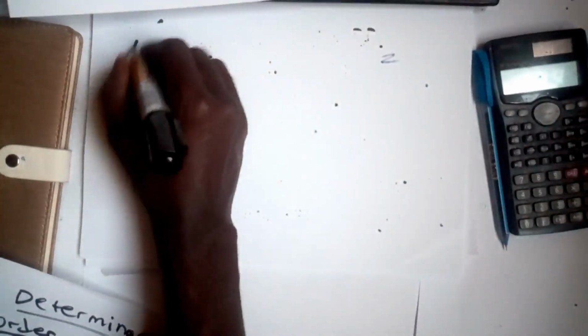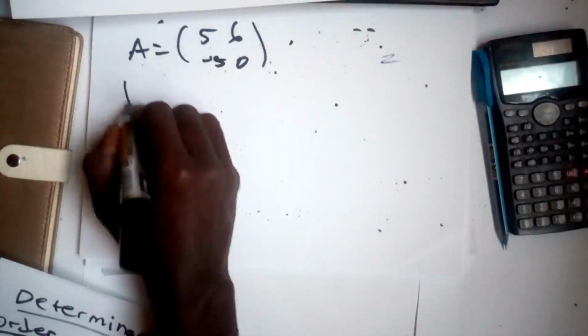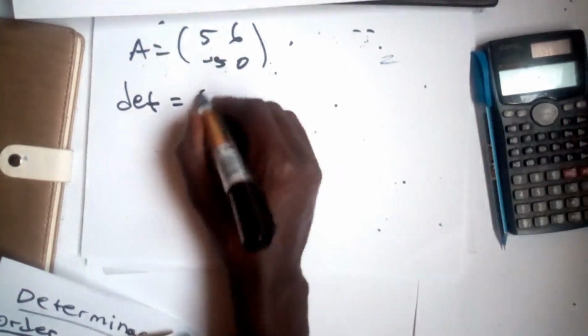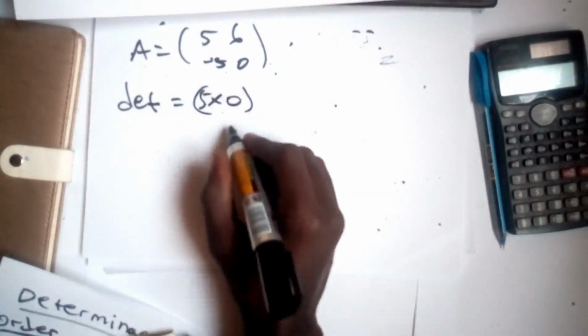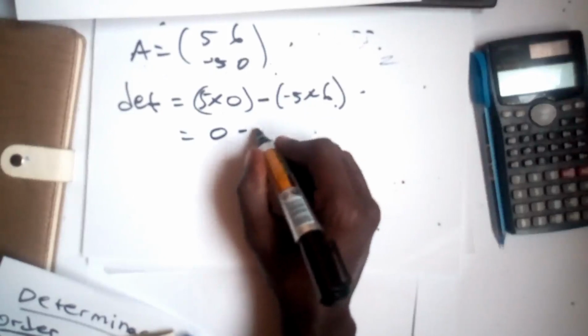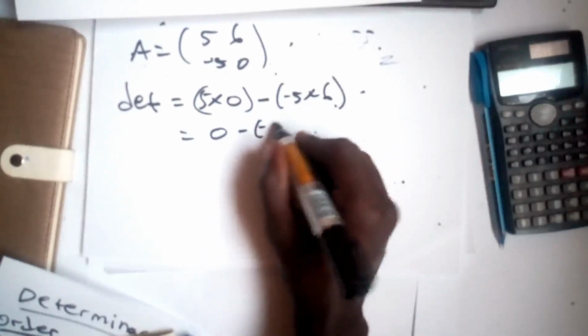If this is my matrix A as 5, 6, negative 5, 0, remember we said that the determinant is the product of the terms in the leading diagonal minus the product of the terms in the minor diagonal.